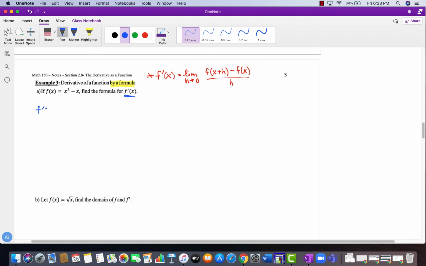So I'm going to have you guys give it a try. Pause the video, plug in everything, and do the baby math so you're going to simplify it, okay? So pause the video, and then you can check your answer with me. Okay, so you can see the first part where I plug everything in, and then you can do the baby math and check your final answer.